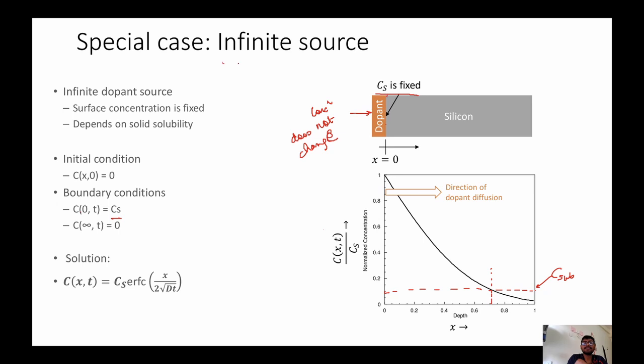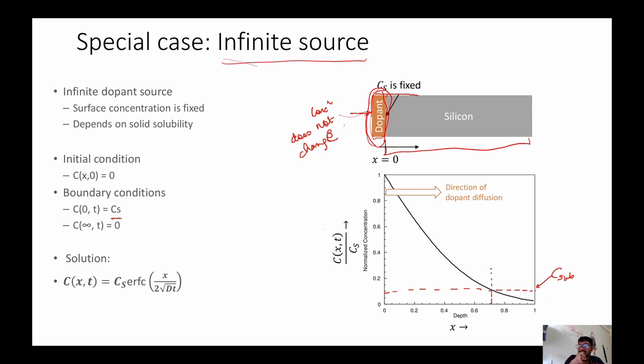Now let us take the infinite source. So this is the silicon. We have kept the dopant on top of the silicon wafer; it is tilted by 90 degrees to the left side. We have kept a dopant over it, and this dopant source is infinite.